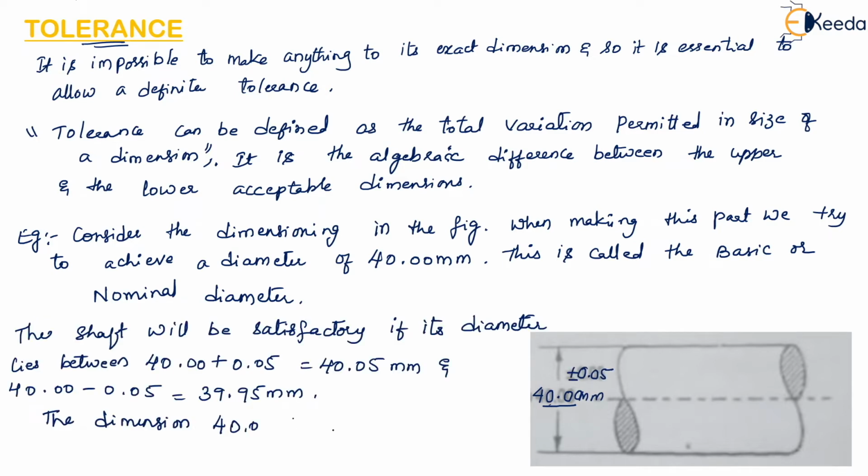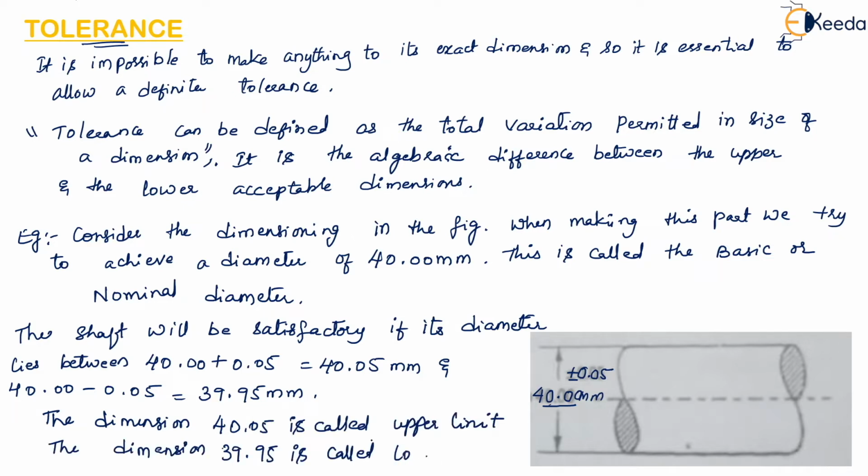Here the dimension 40.05 is called the upper limit. The dimension 39.95 is called the lower limit. So the tolerance is the difference between the upper and the lower limit.